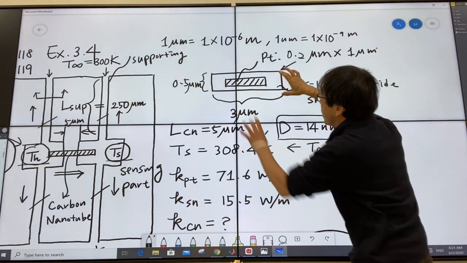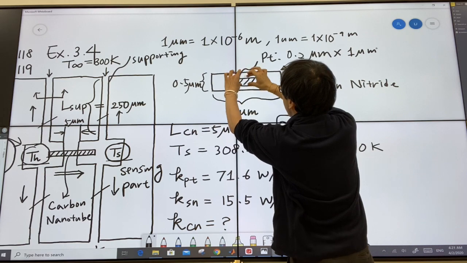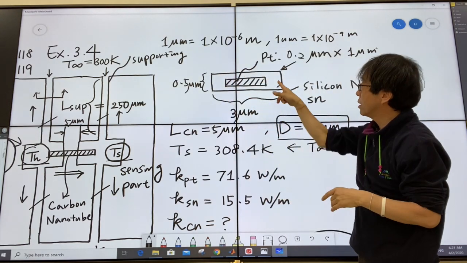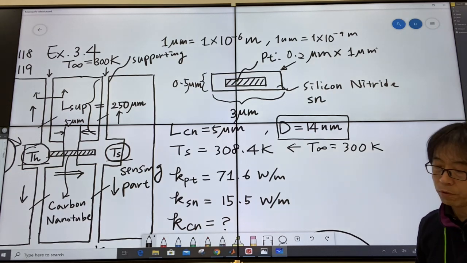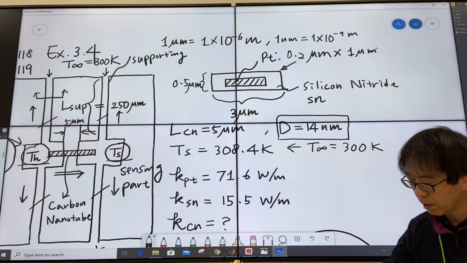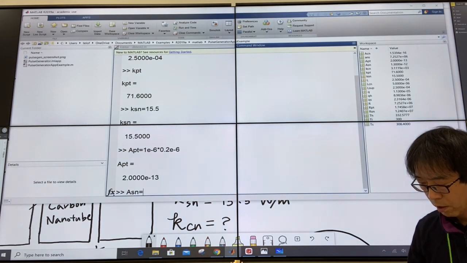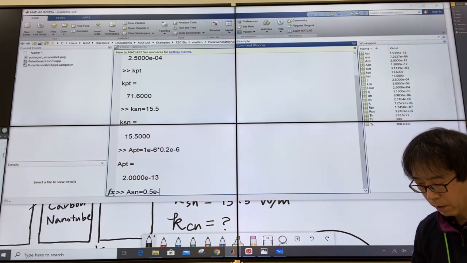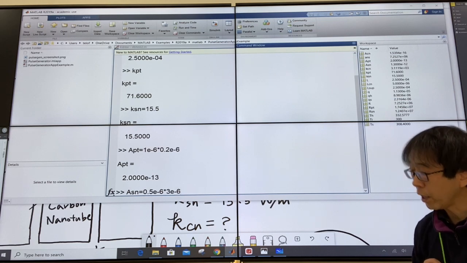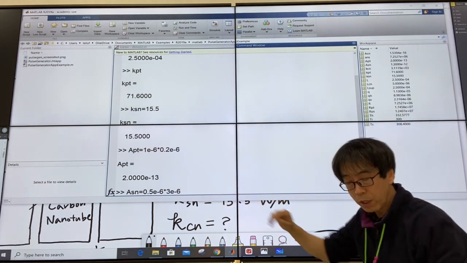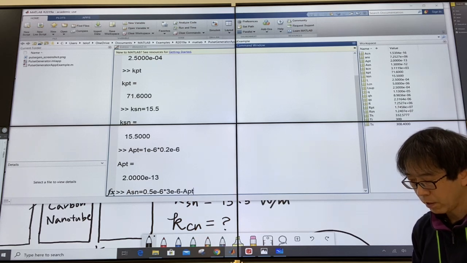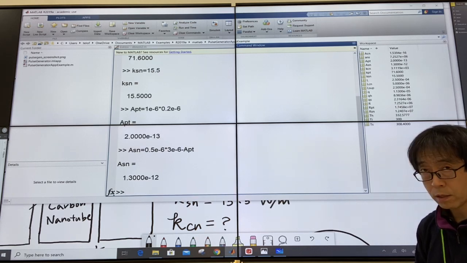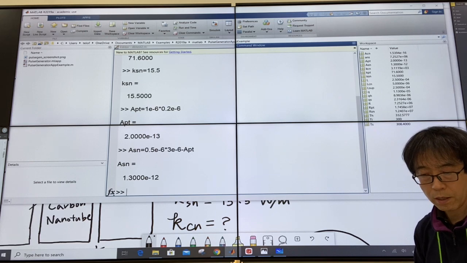The total area minus platinum area. That is silicon nitride area, right? So total area is 0.5 micron by 3 microns, right? So just punch in 0.5 microns by 3 microns. Make no mistake in terms of the units, minus platinum area, right? And that gives you silicon nitride area, all right?